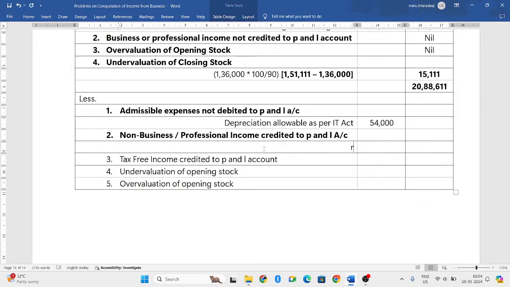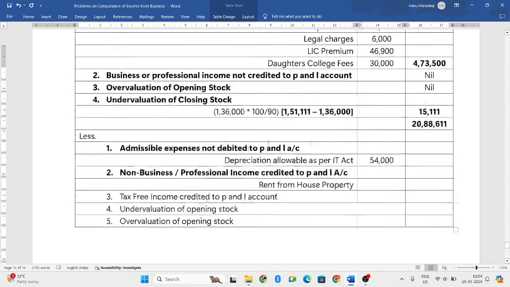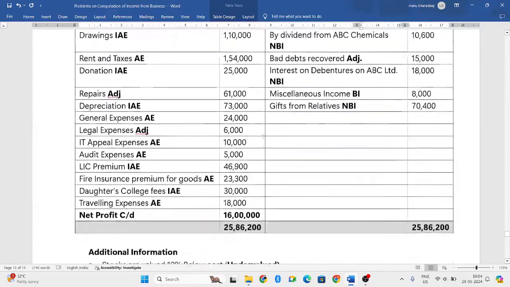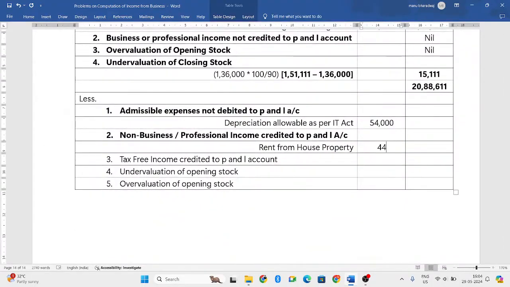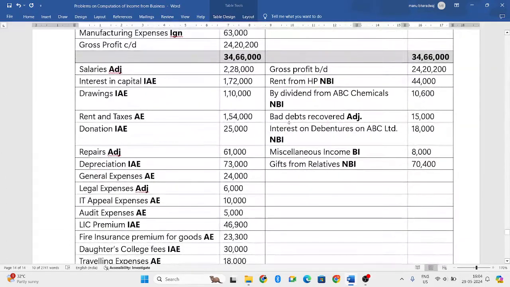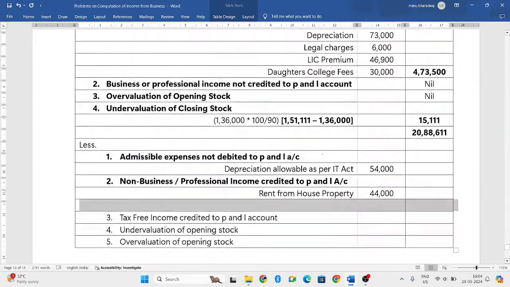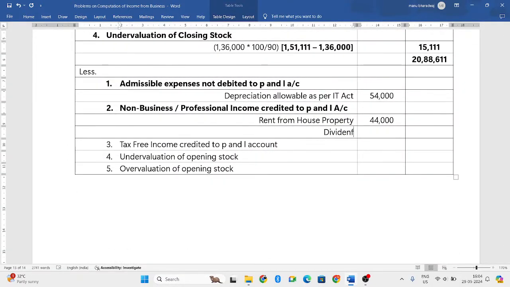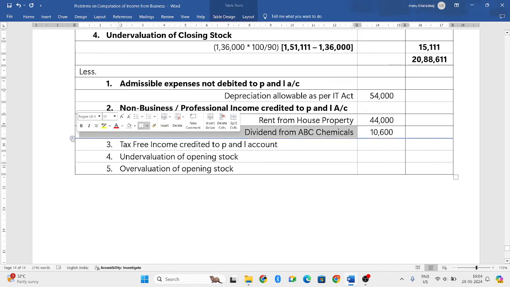Next, dividend from ABC Chemicals, that is 10,600.